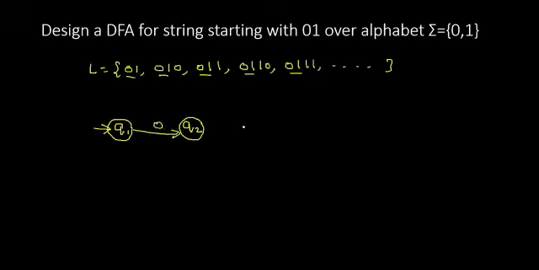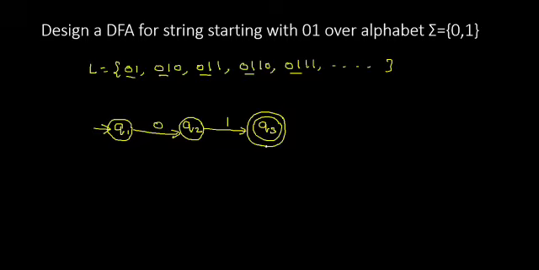Now, if I apply the second valid input, 1, standing in state Q2, I will go to a state called Q3. Let us make that a final state. So, from Q2 to Q3, I make it 1.